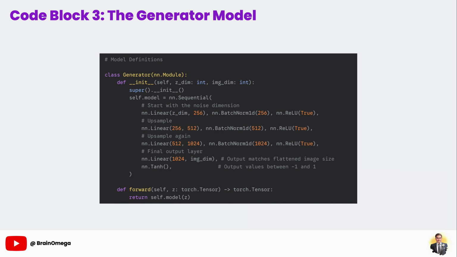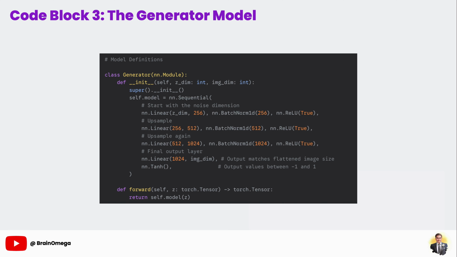We're using a series of linear layers to progressively upsample, or increase, the number of features, from our z_dim of 100 up to 256, then 512, then 1024, and finally to our target image dimension of 784. After each upsampling layer, we use BatchNorm1d.